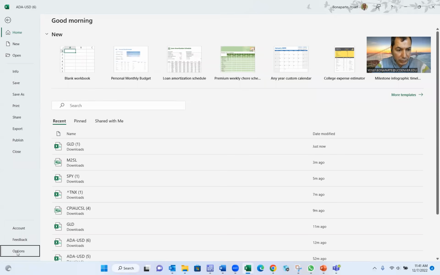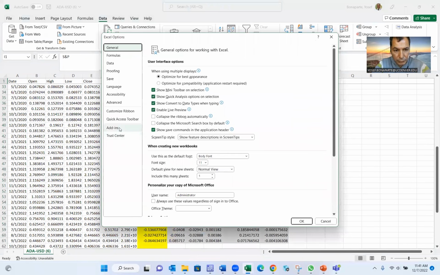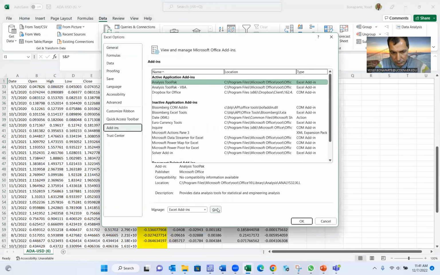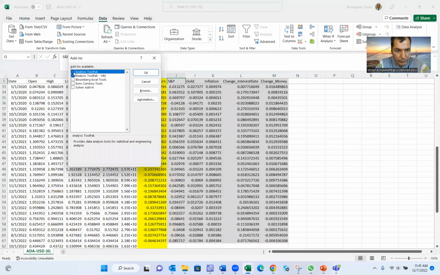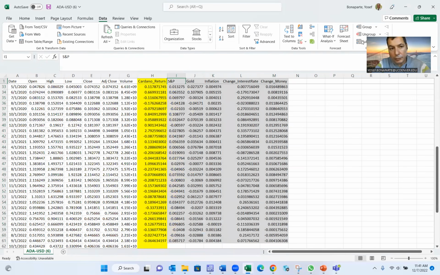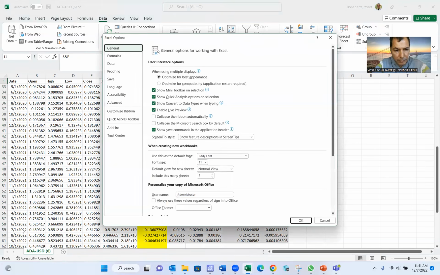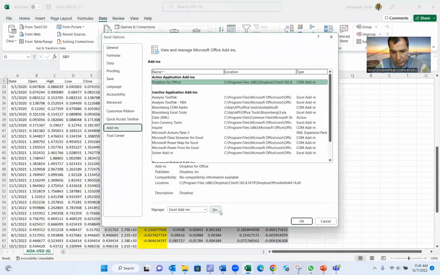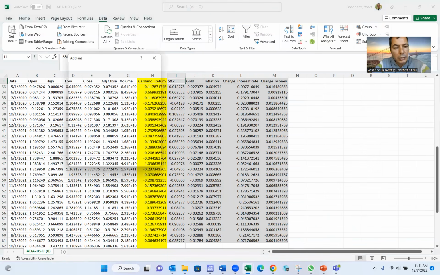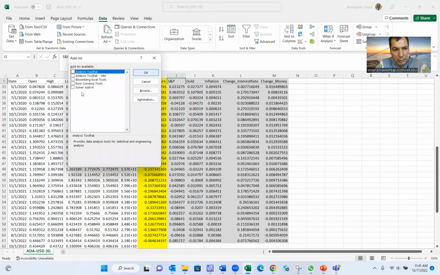The way to add it, if you didn't have it: if you click on Data and you didn't see Data Analysis, go to File, Options, Add-ins, Go, and check these boxes.